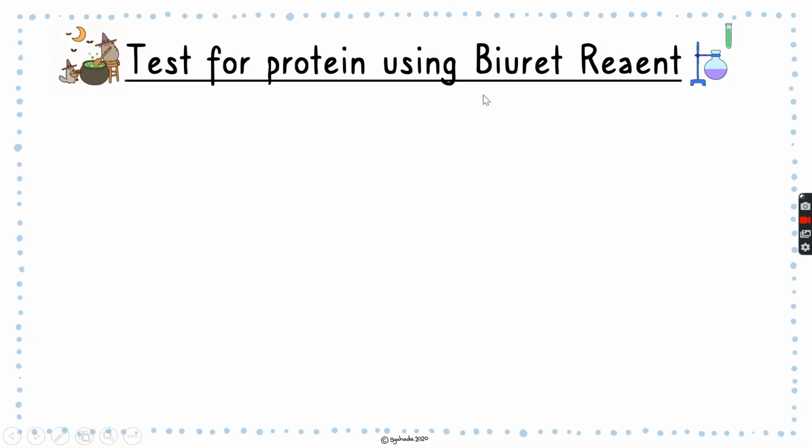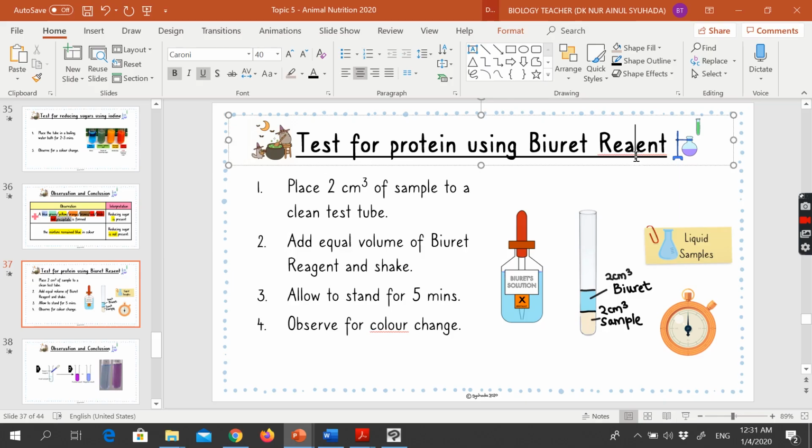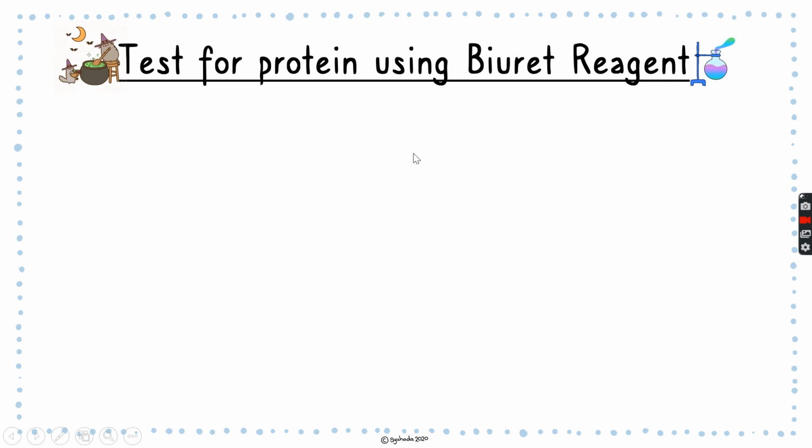Alright, so when you have Biuret reagent, you are not going to use sodium hydroxide. That is only if you don't have Biuret reagent, but I will not focus on that today because in your learning objective, you will be asked about Biuret reagent instead of the other one. So let's look at Biuret reagent testing for proteins today.